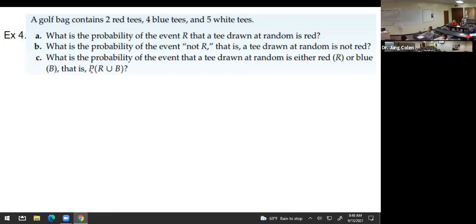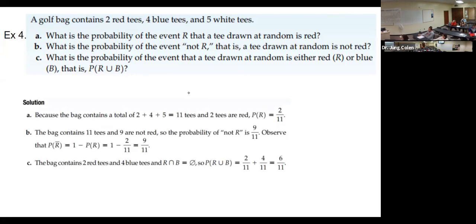So we can just add the probability of R and the probability of B together. What's the probability of getting red? 2/11. Probability of B, 4/11. So together it should be 6/11. Take away the intersection probability of 0. So it's 6/11. That makes sense.